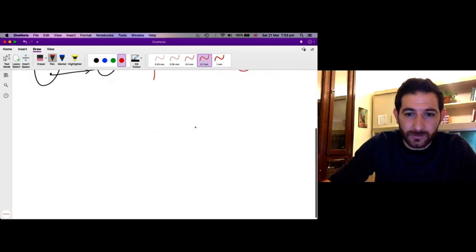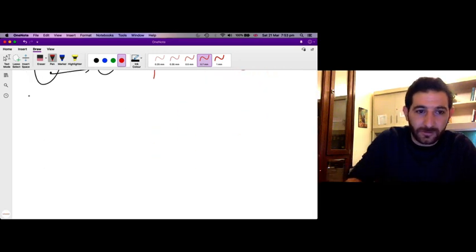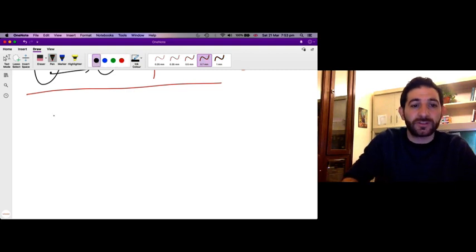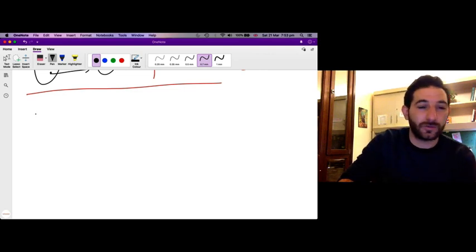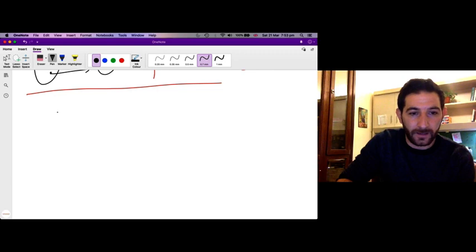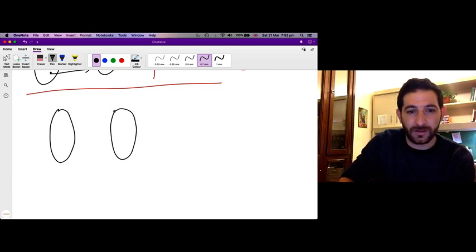Okay, so now let us talk about one special property of a function which is called injectivity. We want to define what it means for a function to be injective. Again, let me motivate the idea of injectivity by a diagram.